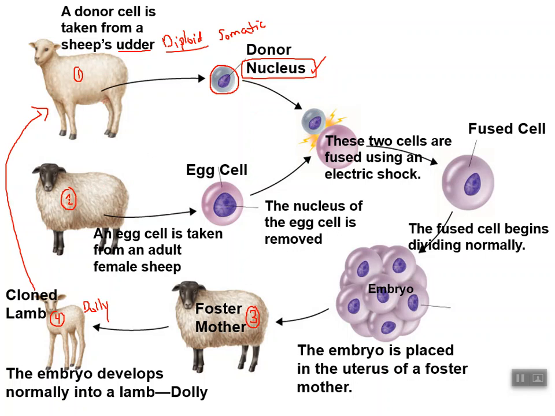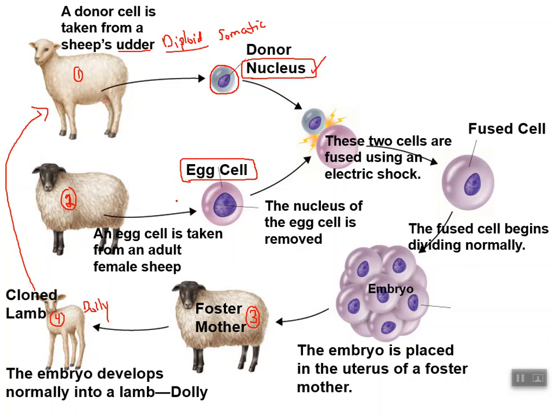Meanwhile, go to sheep number 2. From sheep number 2, we're going to take an egg cell, because during fertilization, the cell that gets fertilized is an egg cell. It's not a skin cell or anything like that. And we need to use this cell for fertilization. So we're taking the egg cell, but we don't want the DNA from sheep 2.